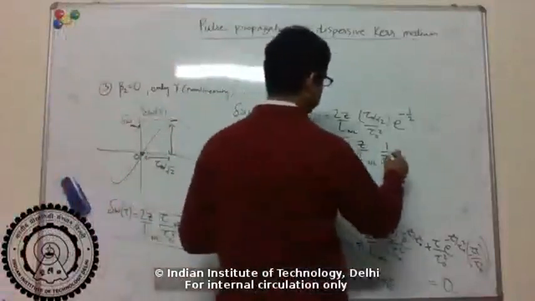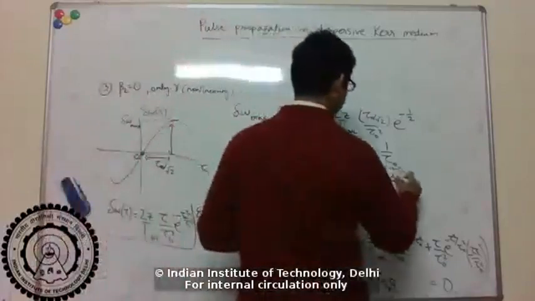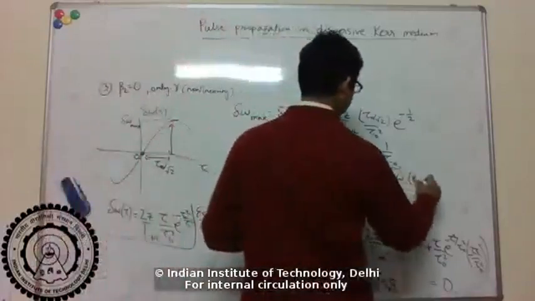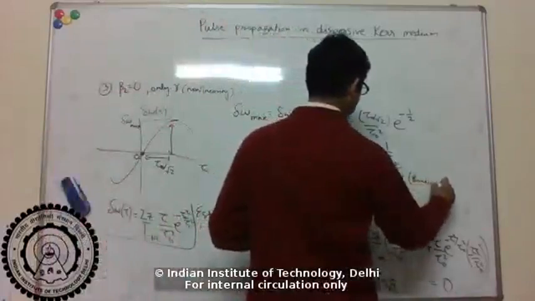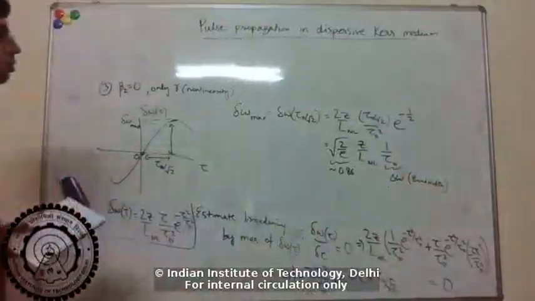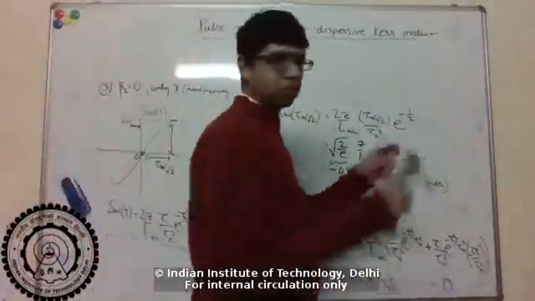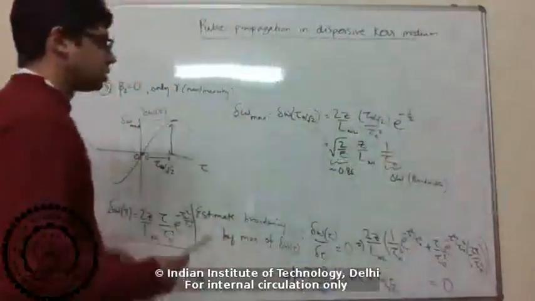And 1 over tau naught is basically the bandwidth of the initial pulse.